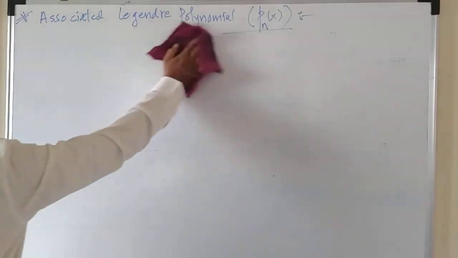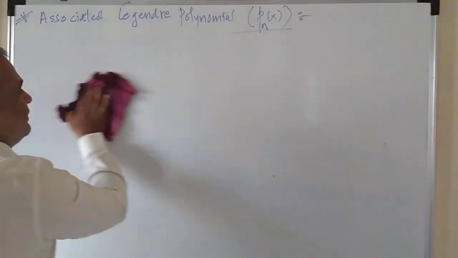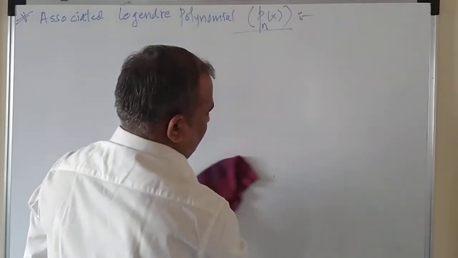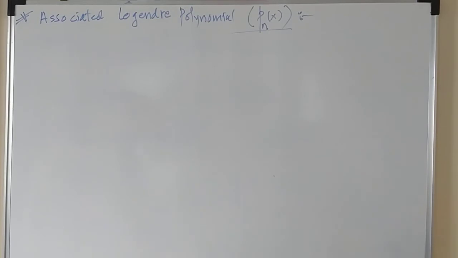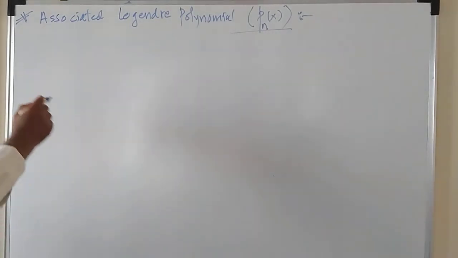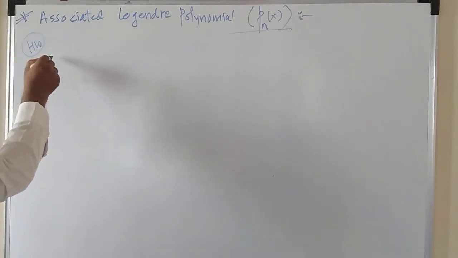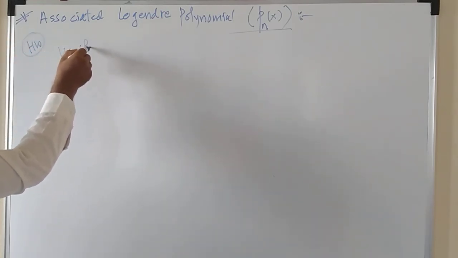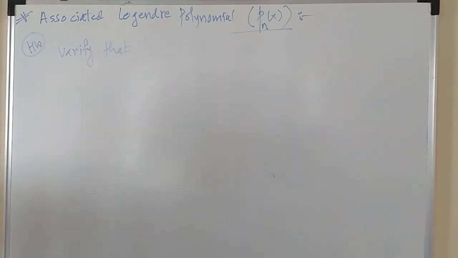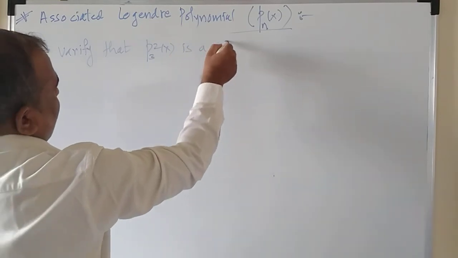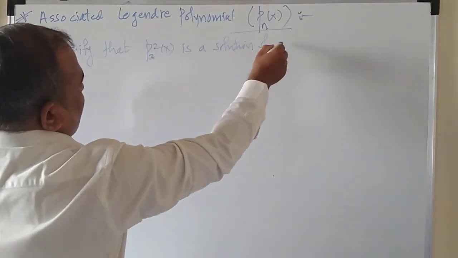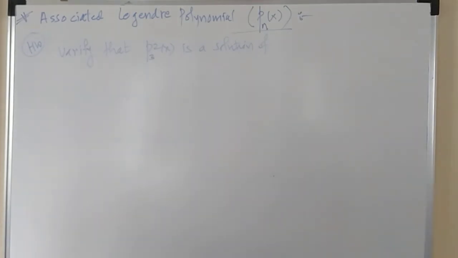The next example or homework problem: verify that P32 of x is a solution of the associated Legendre differential equation.